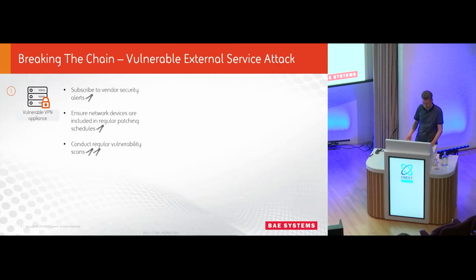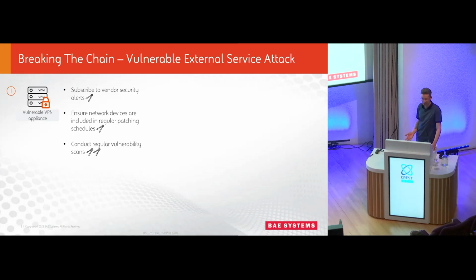So how could we stop this one? First of all, they weren't even aware that this vulnerability existed because they hadn't subscribed to security alerts from the vendor. So making sure that you've added yourself onto these email lists for any security alerts is really important. Also, make sure that network devices are included in regular patching schedules.